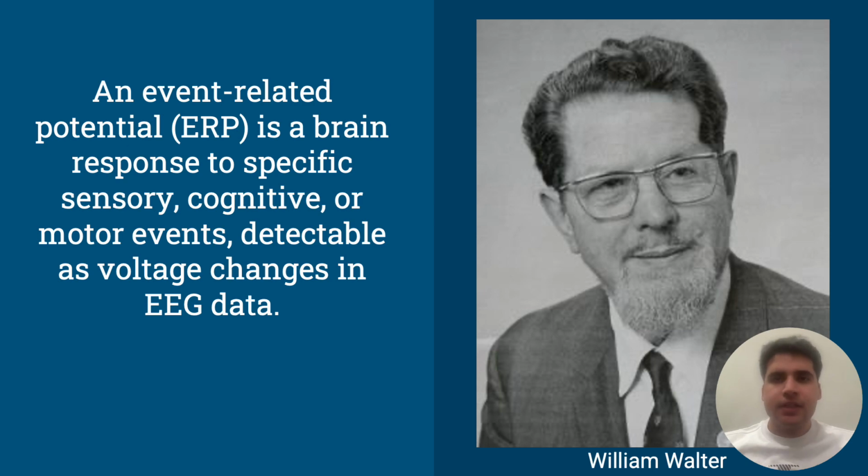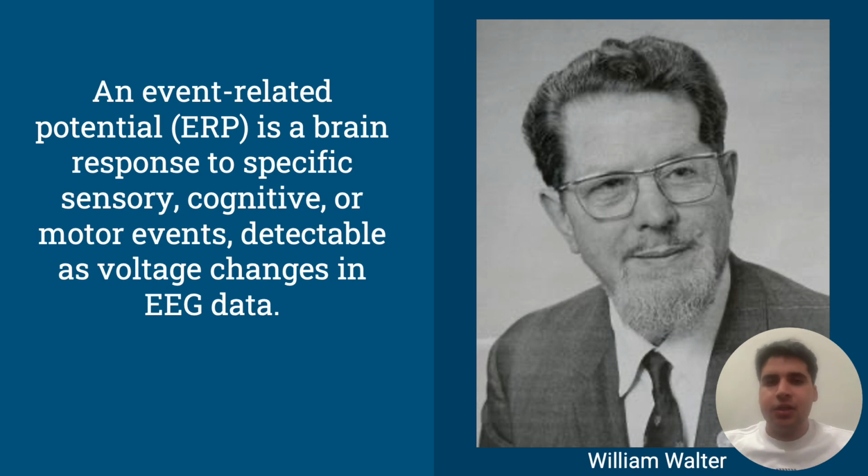Now that we have covered some basic terminologies, we can start moving to talking about P300 event-related potentials. So an event-related potential, or an ERP, is basically a brain response to a specific sensory or cognitive or even motor event that is detectable as a voltage change in EEG data.